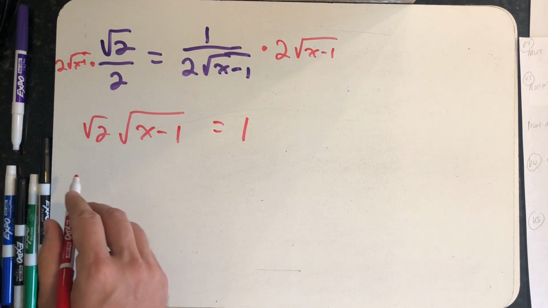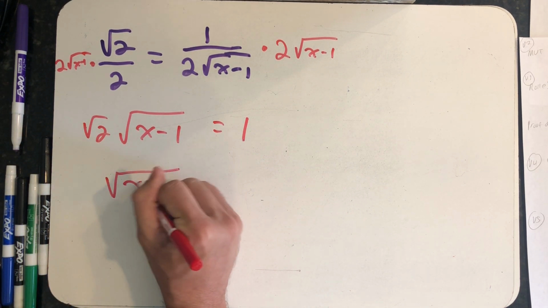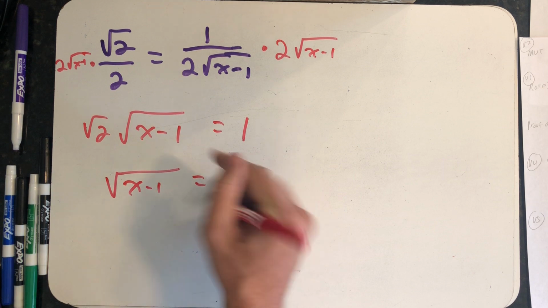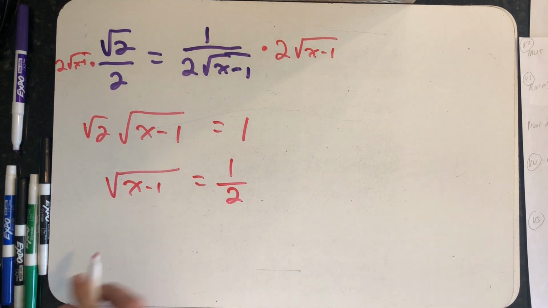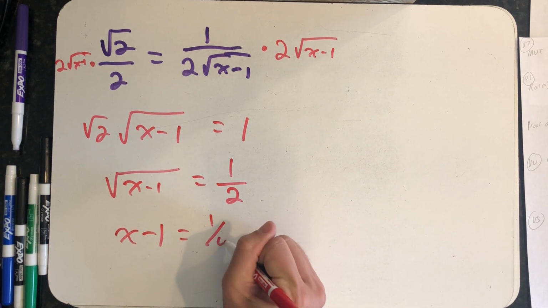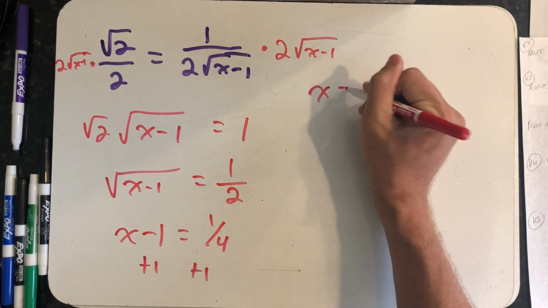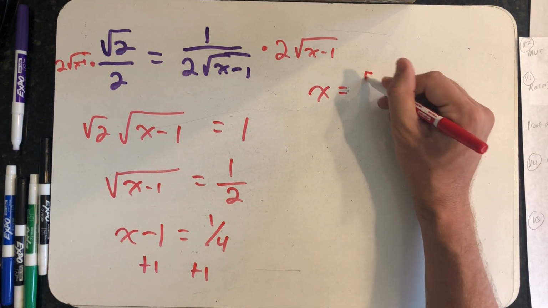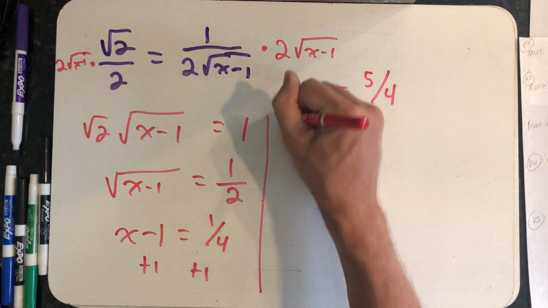All right, so now I need to work on getting the x by itself, and I could go on and square both sides, but I'm going to isolate the radical that I really care about. And now I'll square both sides. And then finally, I would find out that x is equal to 5/4.